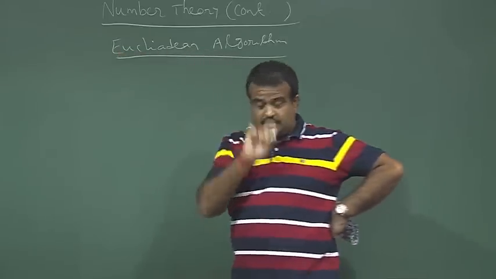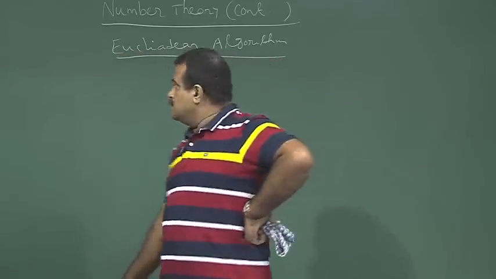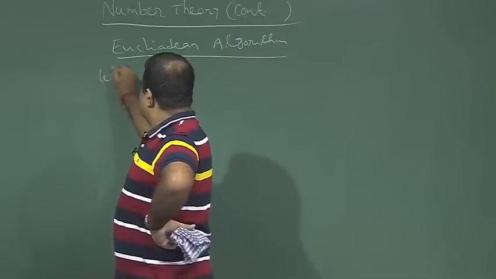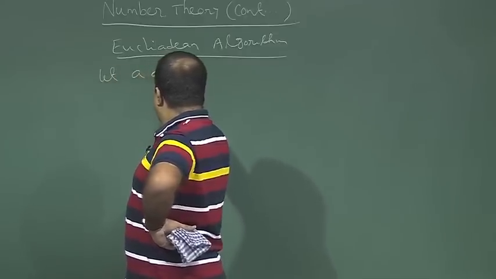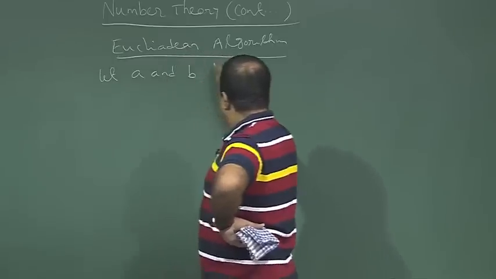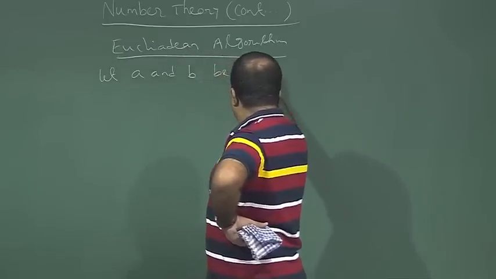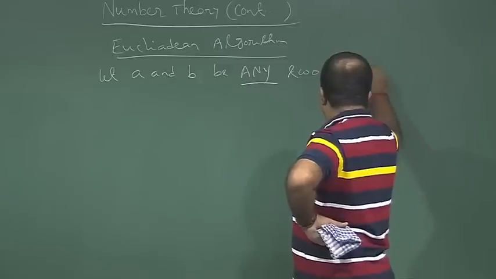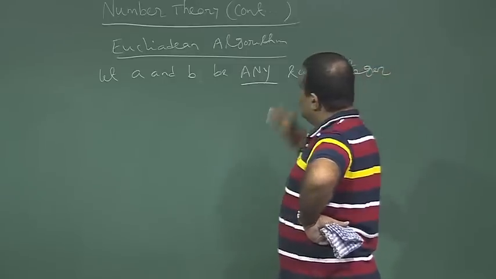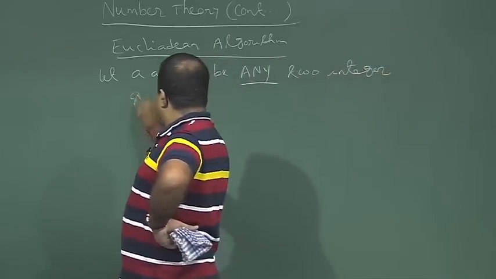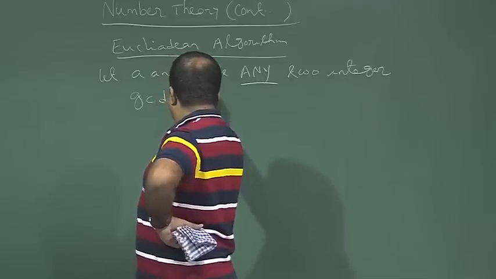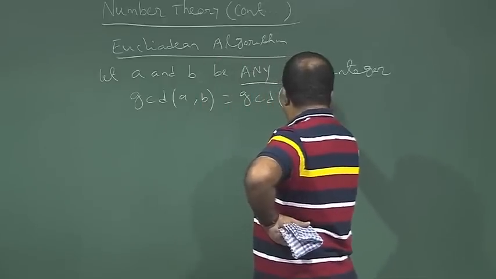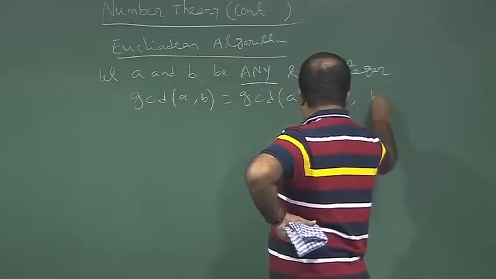Okay, so in the previous lecture we have seen this theorem or this result. Let a and b be any two integers, then we have seen this result: GCD of a, b is equal to GCD of a mod b, comma b.